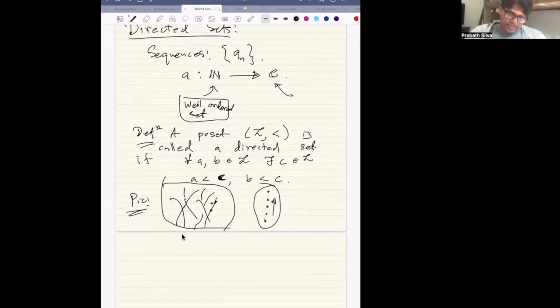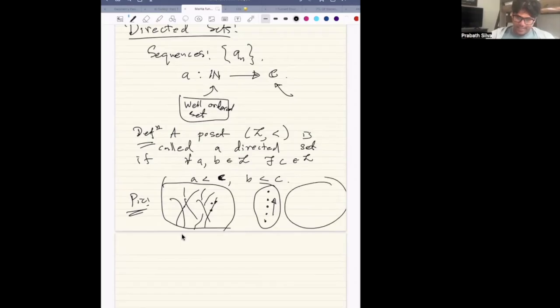This directed set has freedom, like in the case of a partially ordered set, because we're not saying that it has to be a well-ordered or even a totally ordered set, but it has this property.